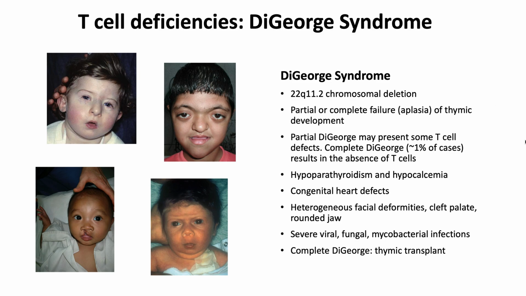This includes hypoparathyroidism and hypocalcemia, along with congenital heart defects and some cranial and facial deformities, such as cleft palate and rounded jaw, as shown in these examples on the left. Individuals with DiGeorge syndrome can be susceptible to severe infections as well as opportunistic infections. And really the only solution for an individual with complete DiGeorge is to do a thymic transplant.